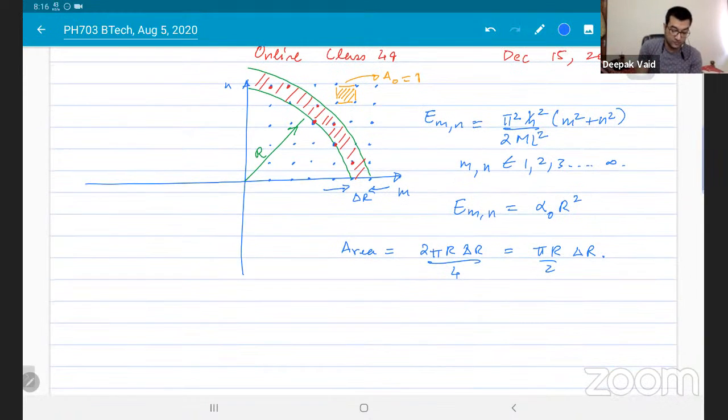The area per unit cell is just 1, in units of mn. So this is like a dimensionless area.